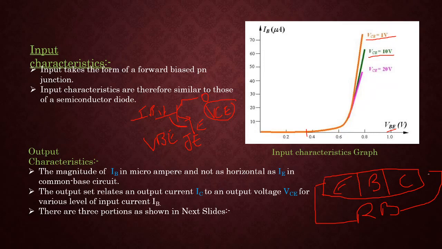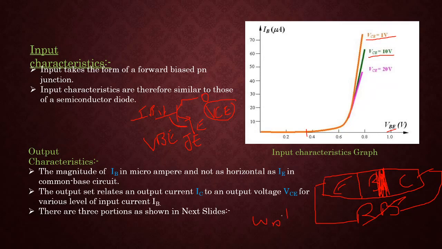Whenever we are increasing the reverse bias voltage, the depletion region of the JC junction will increase. Whenever the depletion region of the JC junction is increased, it can penetrate more into the base region. So what happens? The base width is going to decrease.